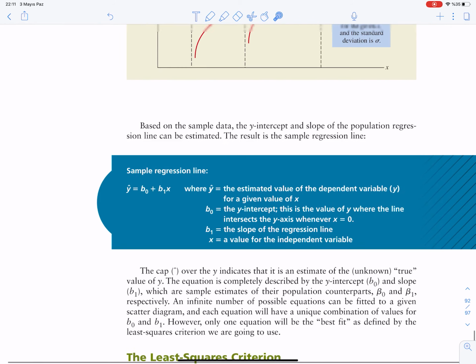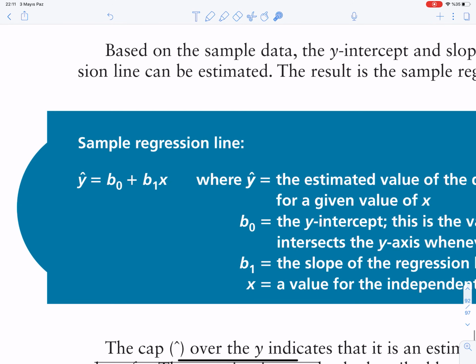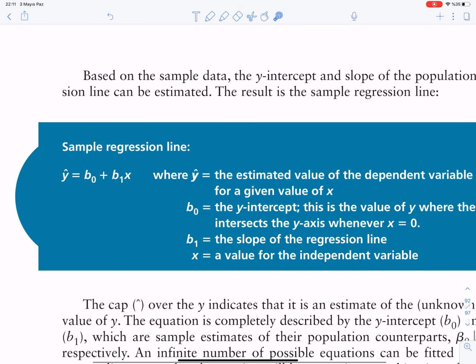Okay, as I told you, this is the estimation of the linear regression line. In practice, in many books, you may see the estimated regression line written as y hat equals beta null hat plus beta 1 hat times x.